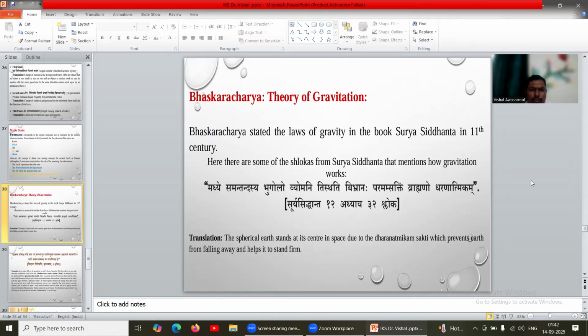This is the Sanskrit slok, and we see the translation. It means that the spherical earth stands at its center in space due to Dharantamika Shakti, which prevents the earth from falling away and helps it stand firm.